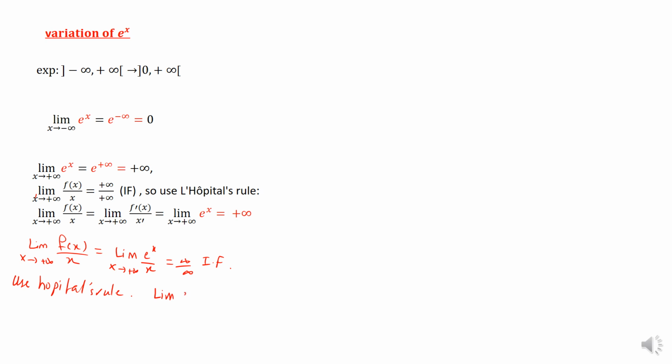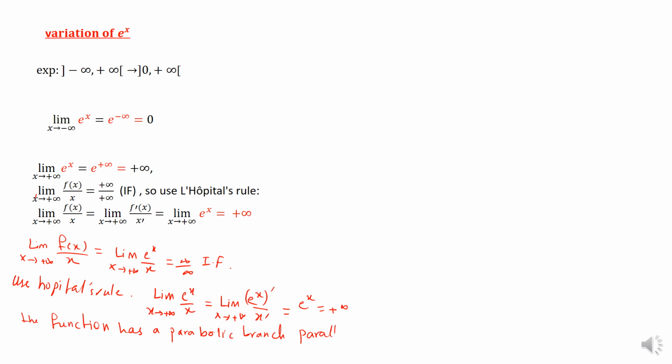The limit of e^x/x is the limit of (e^x)'/(x)', which is e^x over 1, so plus infinity, which means that the function has a parabolic branch parallel to the y-axis.